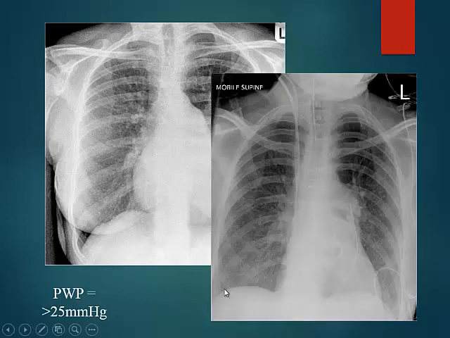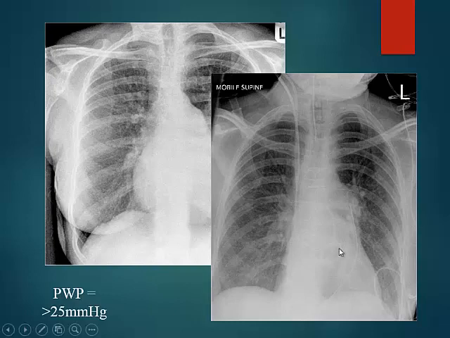Same patient's X-ray, what do you see there? There's a catheter going in, and it goes into the right pulmonary artery. This is a Swan-Ganz catheter. What operation has the patient had?